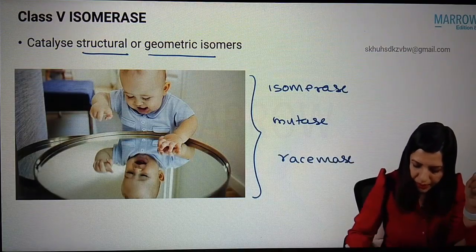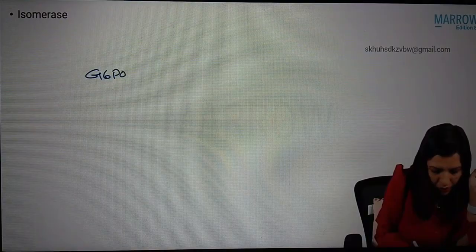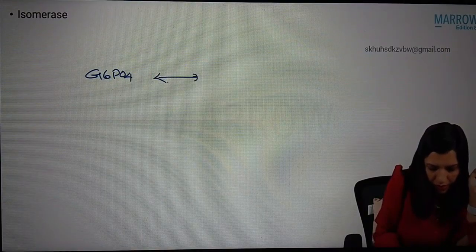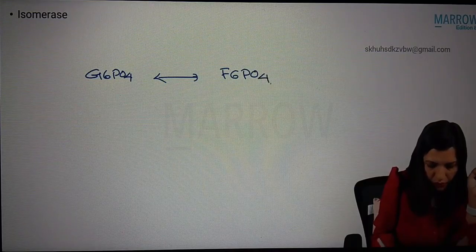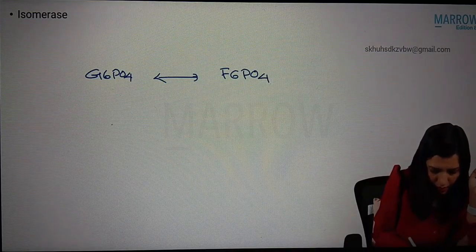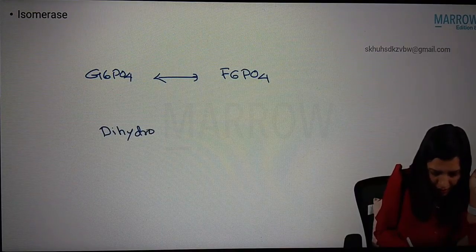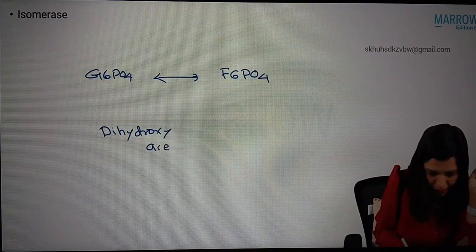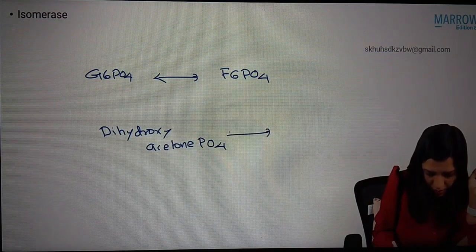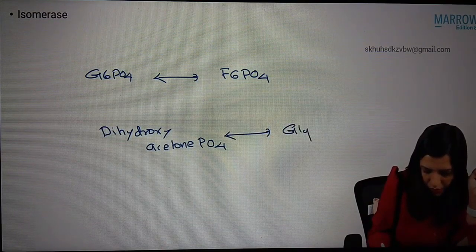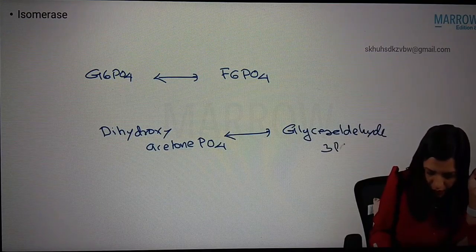So what are they? The first one is isomerase. Examples: glucose 6-phosphate is converted to fructose 6-phosphate. Then dihydroxyacetone phosphate is converted to glyceraldehyde 3-phosphate.